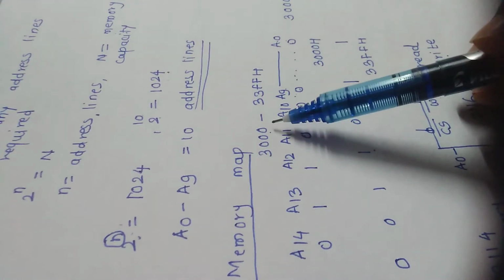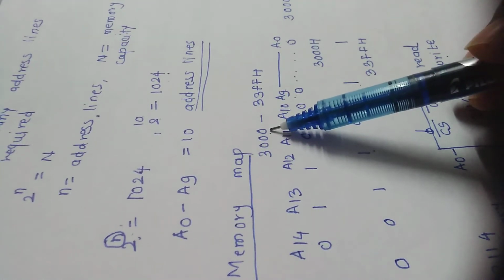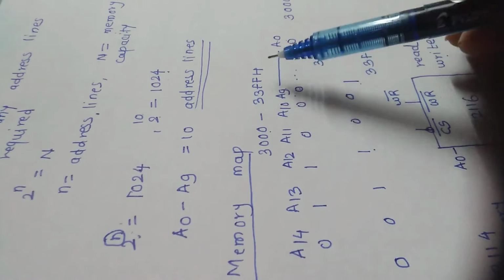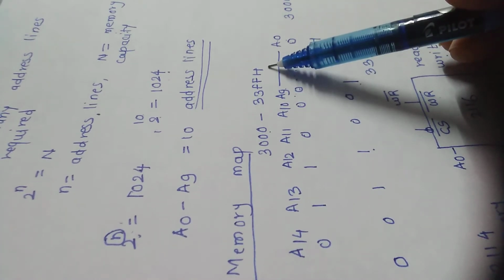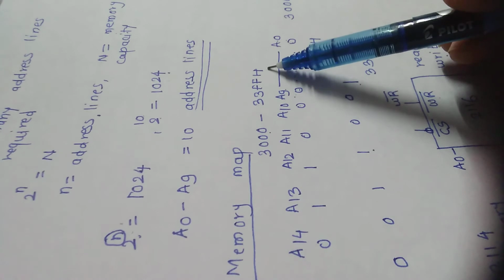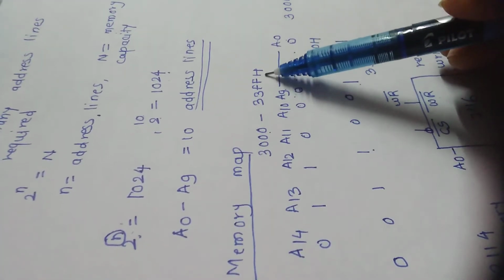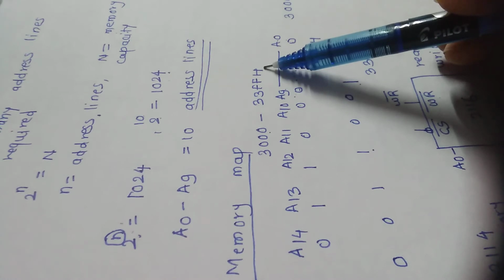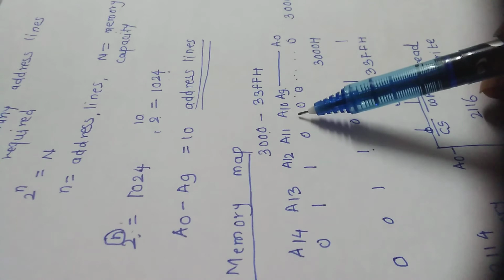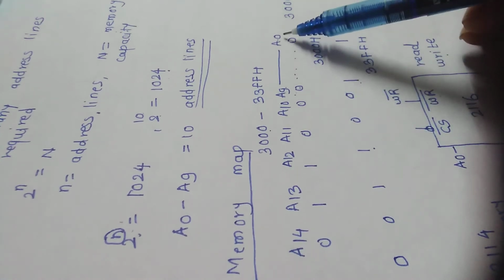In the memory map, the data given to me in the problem statement is 3000 to 33FFH memory. How many address lines do we have?